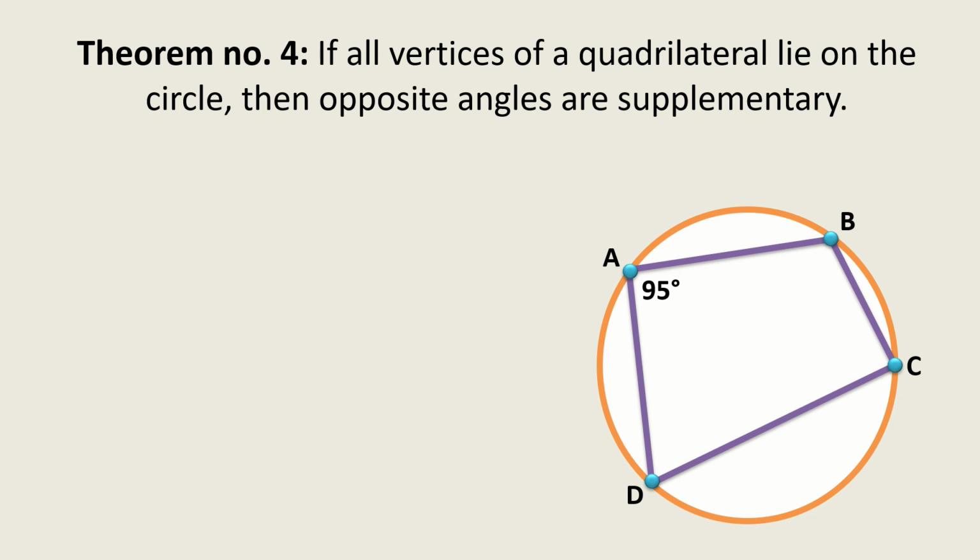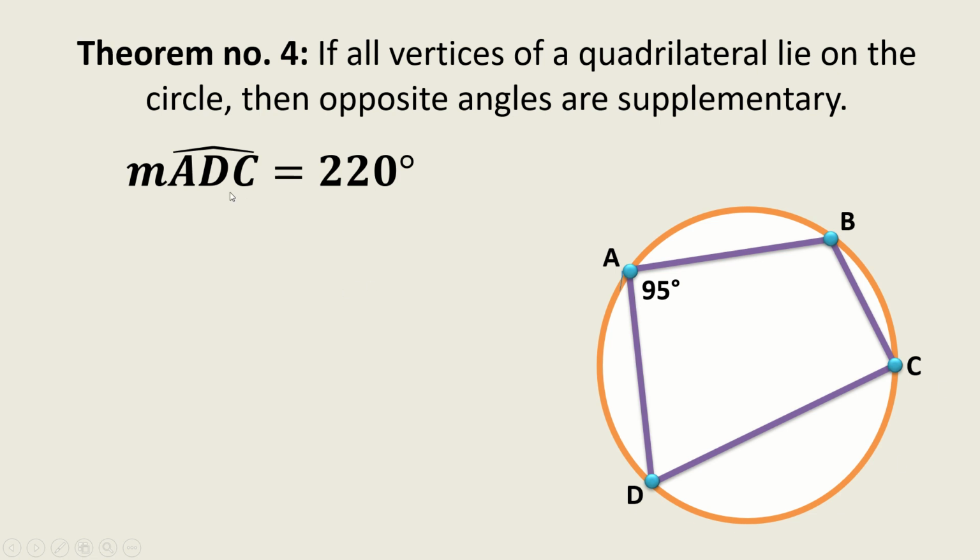Tingnan natin yung given. We have the measure of angle A is 95 degrees and ayun yung isang given natin. The measure of arc ADC is 220 degrees. Ito si arc ADC.